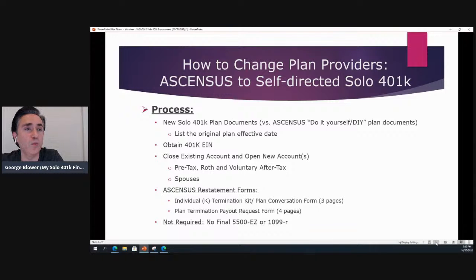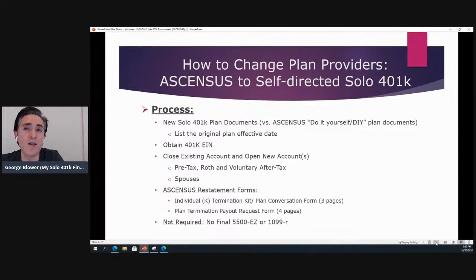One of the things to understand here is that if you have an Ascensus plan and you want to bring it over to our plan because you want to invest in alternative investments, your plan needs to be updated. And the process to do that is a restatement process.